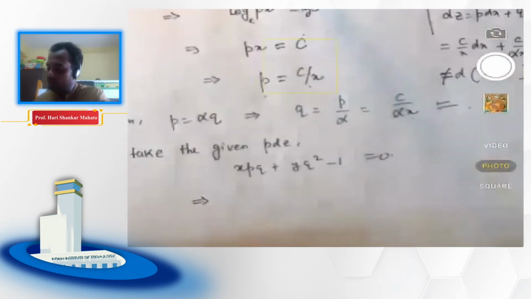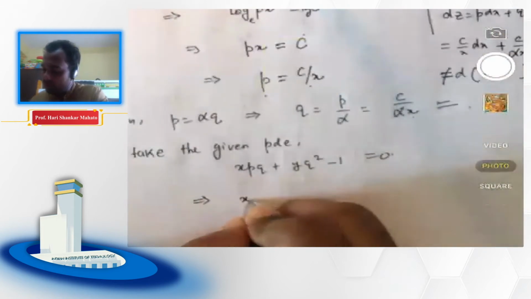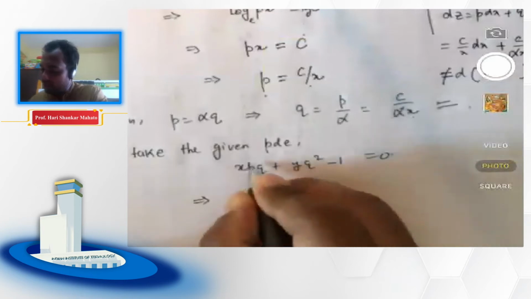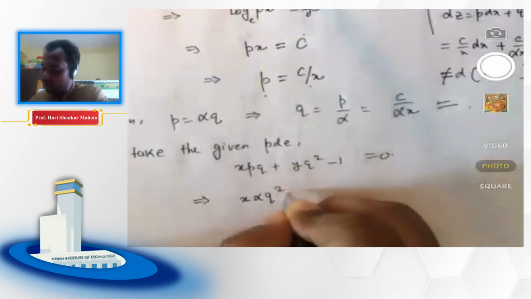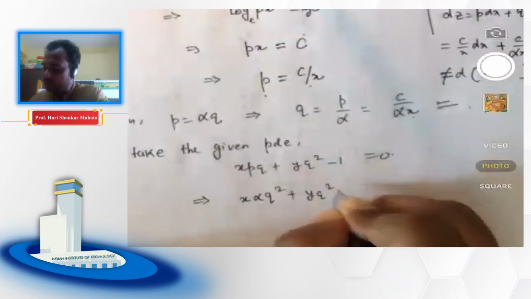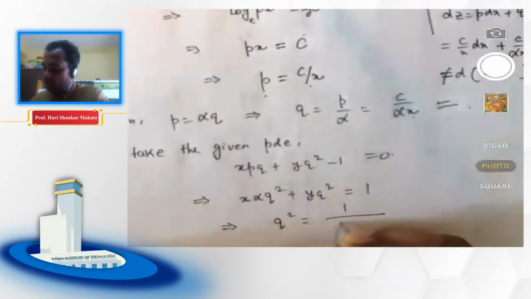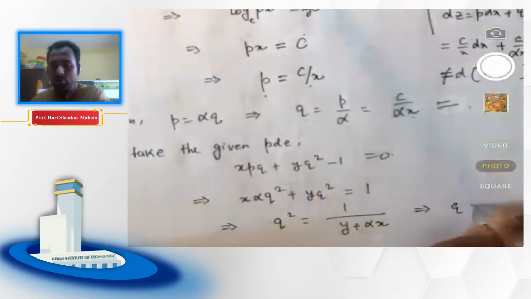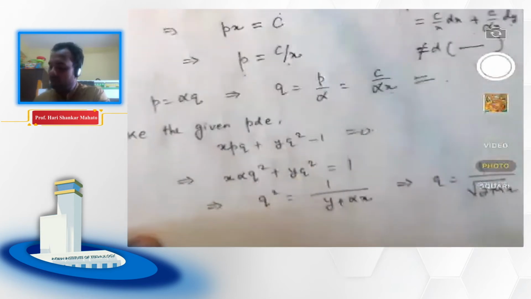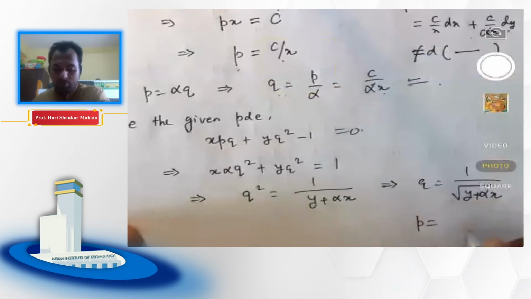So if I substitute p equals to alpha q, then this one will become alpha x q square plus yq square equals to 1. So that means q square is equals to 1 by y plus alpha x, and therefore q is equals to 1 by square root of y plus alpha x. And from here we will get p is equals to alpha by square root of y plus alpha x.